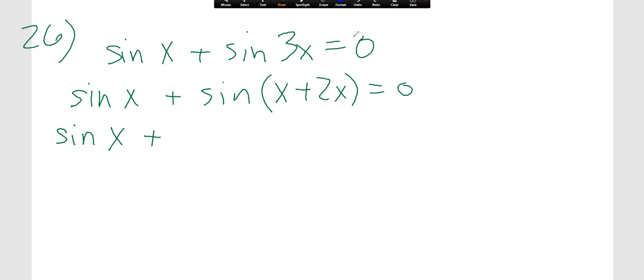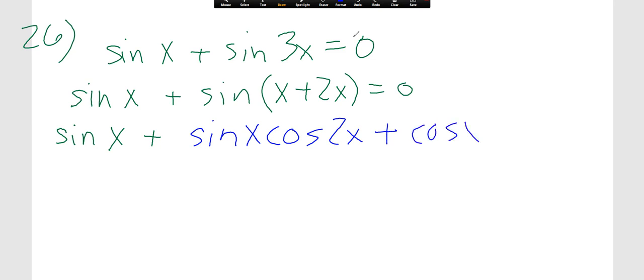We'll use our sine sum formula: y of the first times x of the second, plus x of the first and y of the second. This is what separates the math teachers from the rest of the world. We do have fun when we do these things.